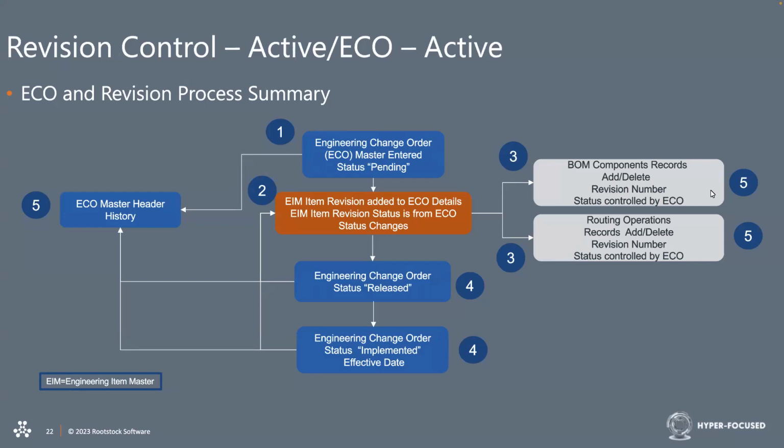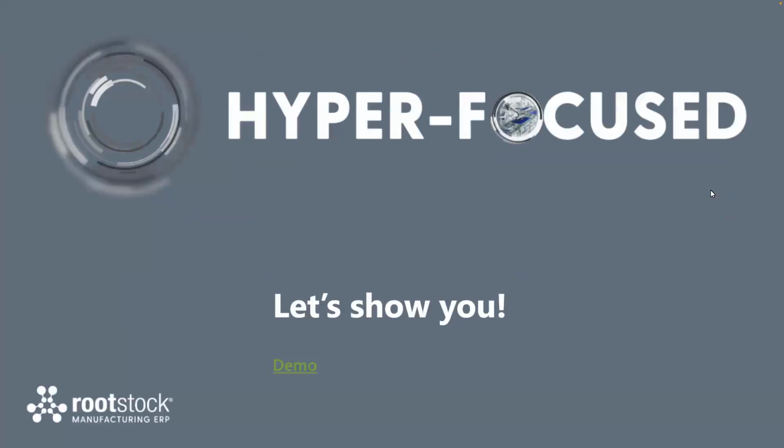And then you've got that full history at the ECO header. The reason for ECOs is that it's another level of control. It goes through additional approval processes, and it's tying everything up at a tighter control level.